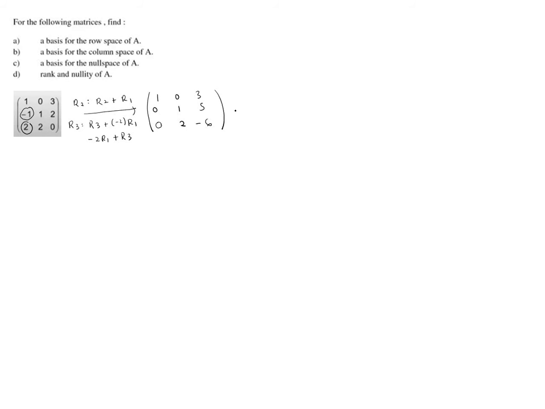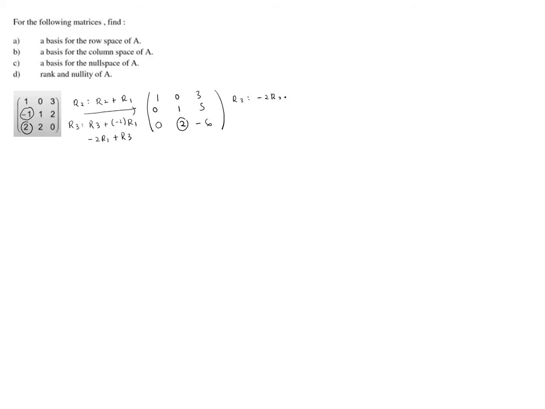Rasanya next kita nak kena tukar entry yang mana satu? Which entry should we change next? Row 3. Yes. Okay, we want to change 2 to become 0. So change row 3. We can use the second row.